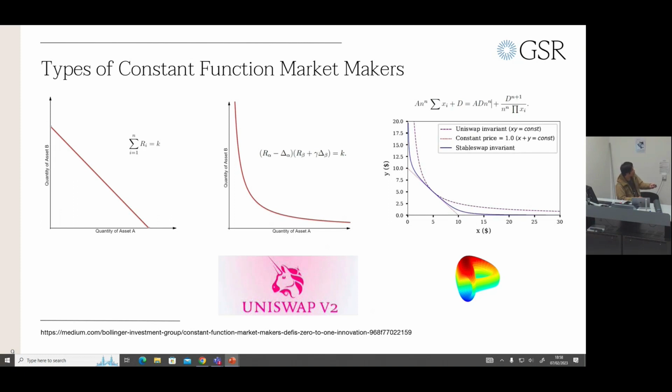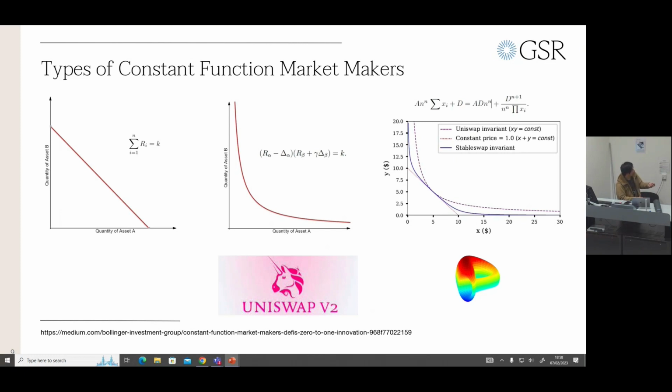But on the right-hand side you see a mix between the two. This is called Curve's stable swap pricing function. You can see in the formula that it has some aspects of the constant sum market maker pricing function, but it also has some aspects of a constant product price function that derives from Uniswap as well.